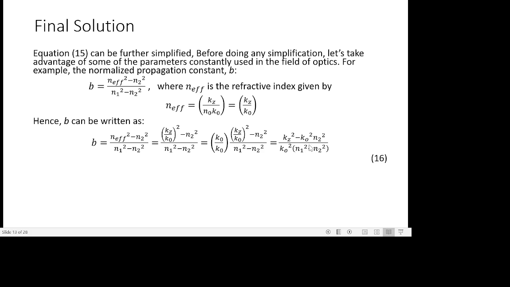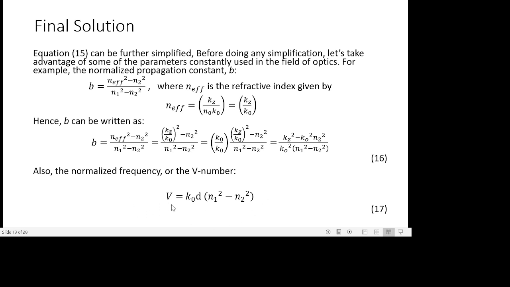So we are going to use this expression advantageously to simplify equation 15. Each term in equation 15 can be simplified. And also, we need to know that the normalized frequency or V number is given by this one.